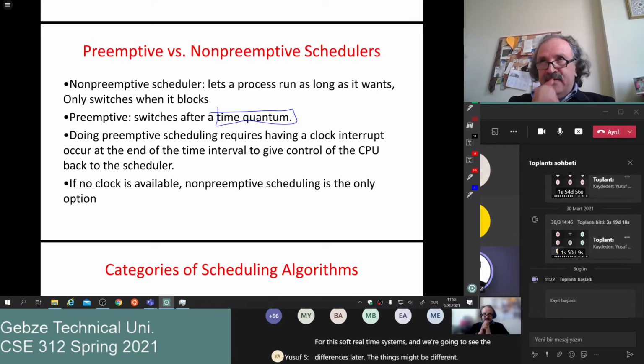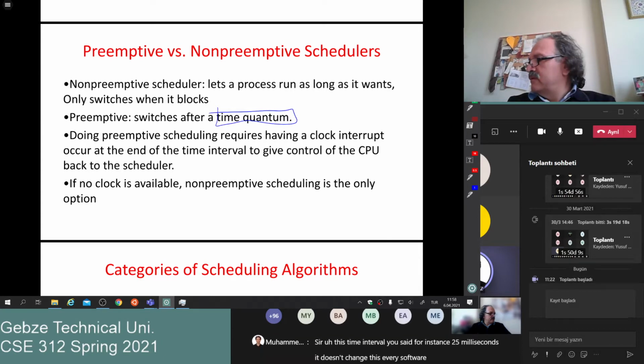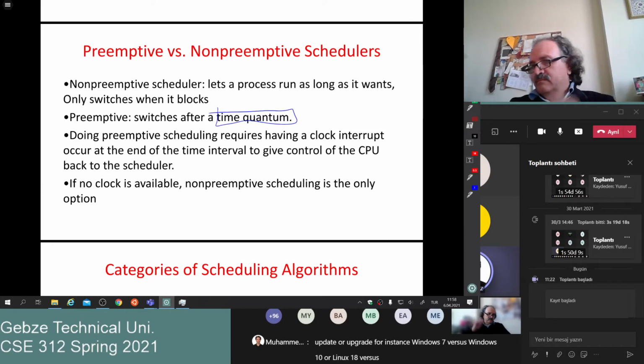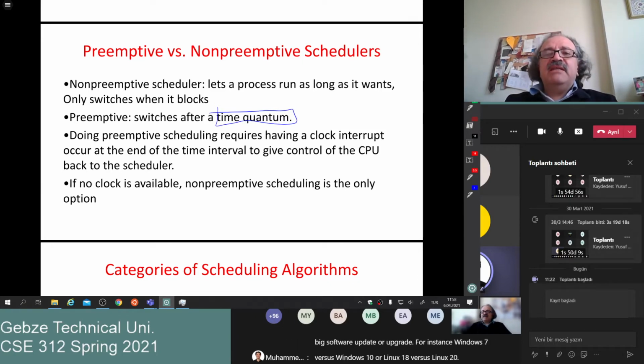Sir, this time interval you said, for instance, 25 milliseconds, doesn't it change with every big software update or upgrade, for instance, Windows 7 versus Windows 10 or Linux 18 versus Linux 20? We are going to see it's not a fixed time.